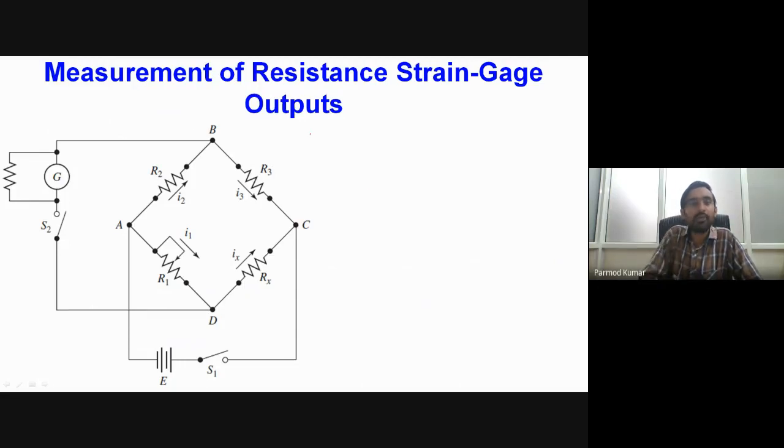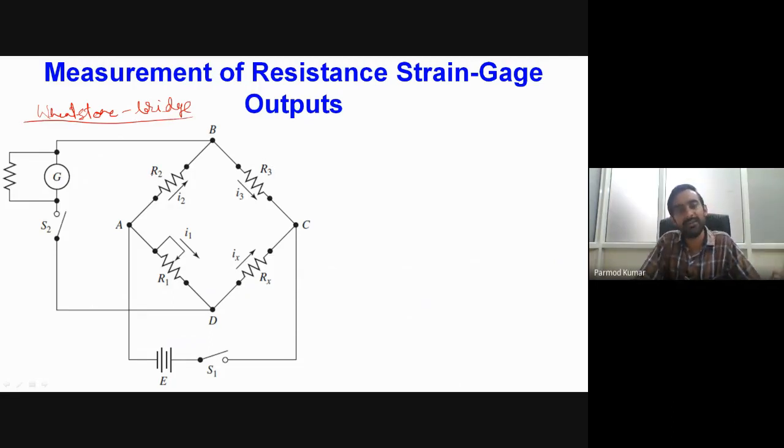For that, as you might have studied in your basic electrical engineering courses, we use an electrical circuit known as the Wheatstone bridge, which is used for measurement of unknown resistances.